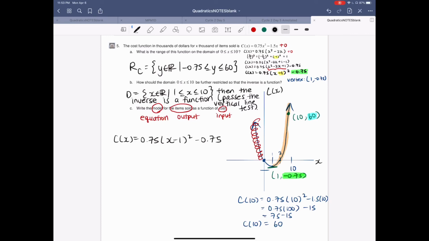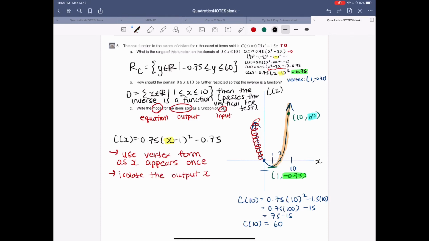It looks like I want the items sold, which is this, by itself. So first, I use vertex form as x appears once. And second, I want to isolate the output x.